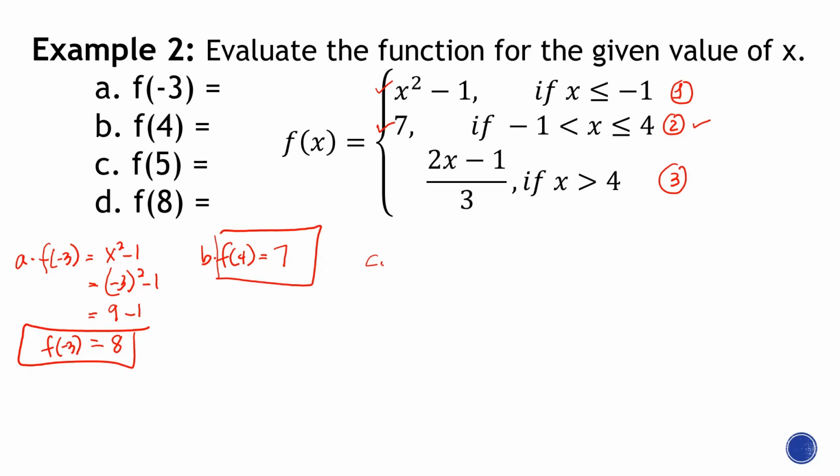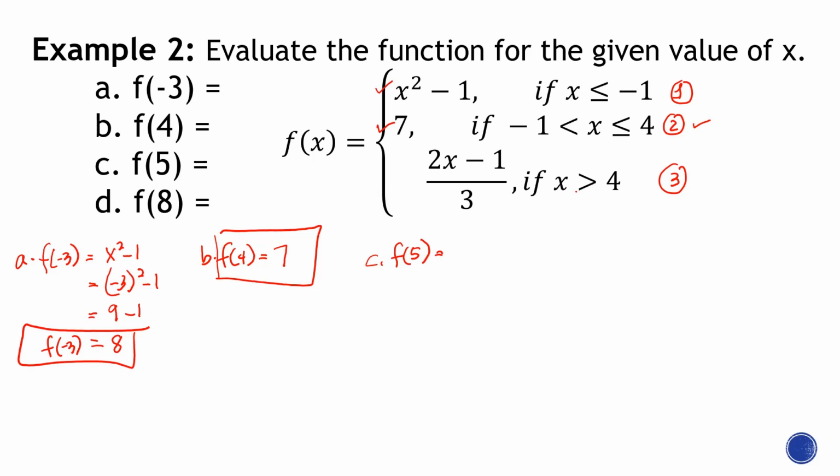Okay. Letter C, f of 5. Let's check. Is 5 part of the first, second, or third domain? That is right. It's obviously the third, because if you replace that x by 5, the answer will be yes, right?